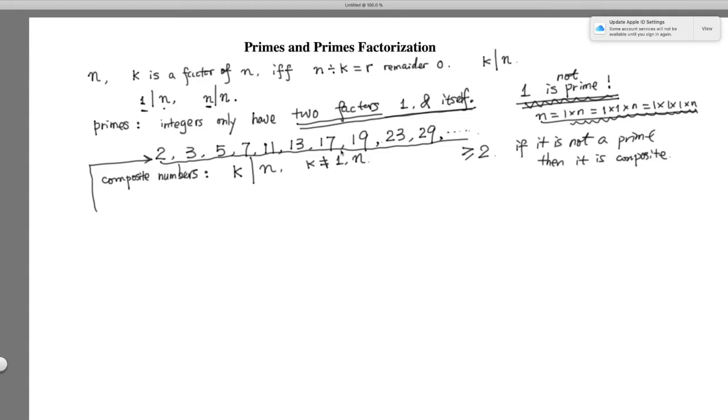And currently, there are still a lot of important and unresolved problems regarding primes. For example, I'm going to give you one example of a very famous unsolved prime number problem, which is very easy to describe.